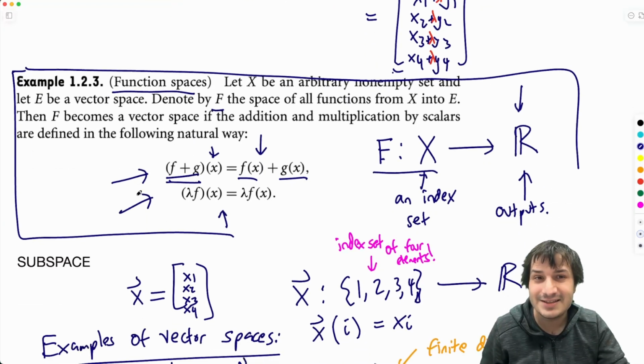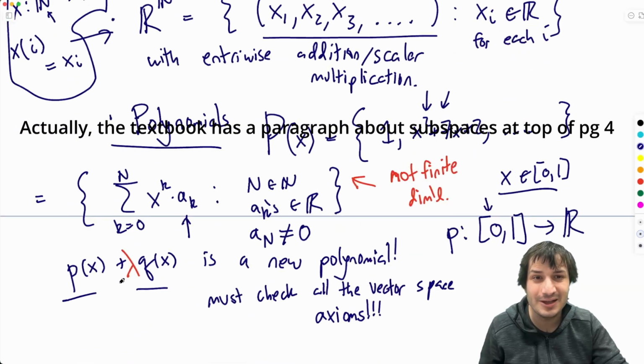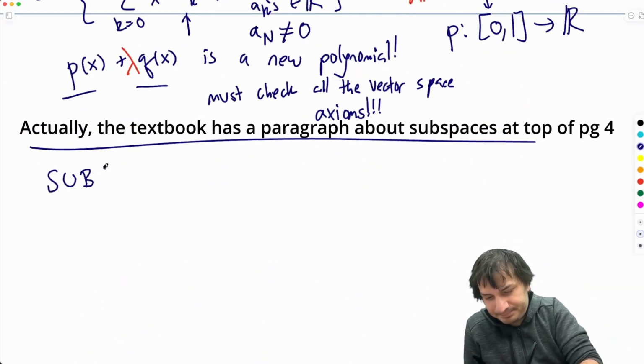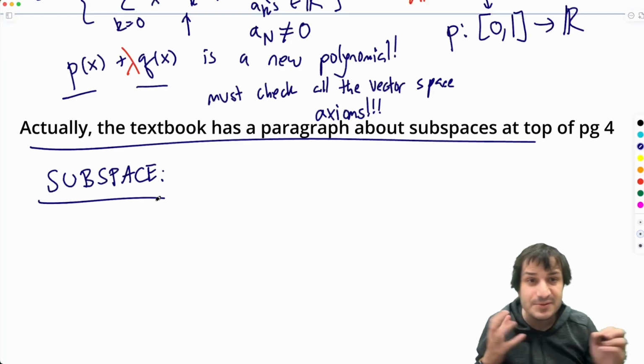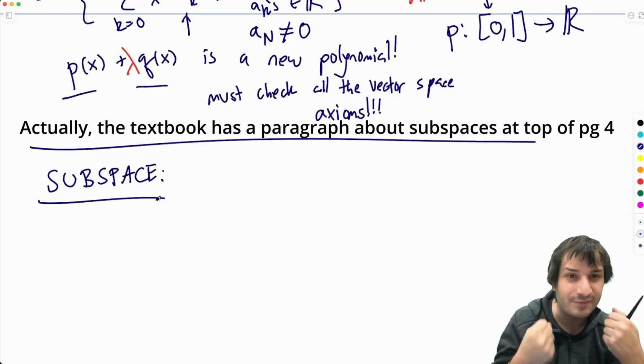Okay, the next thing I wrote to show you is what is a subspace, which is not covered in the textbook. So let me write what is a subspace. A subspace is a chunk of a vector space that is a valid vector space on its own.